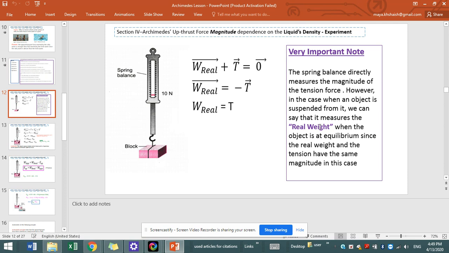Why? When the object is at equilibrium, the real weight and the tension have the same magnitude. So it is measuring the tension, but we can say by reading 10 Newton that the 10 Newton here represents the real weight. Why? Since it is at equilibrium, and at equilibrium, the upward force is equal to the downward force.